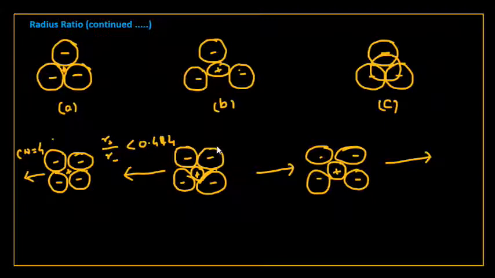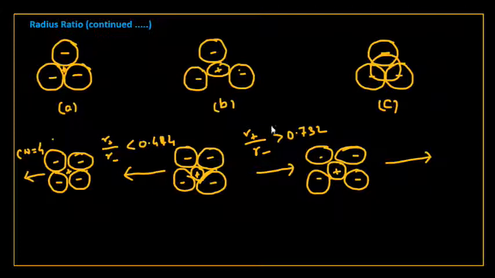In this case radius ratio is greater than 0.732, and in the extreme right, it changes to a stable BCC arrangement where coordination number is 8.